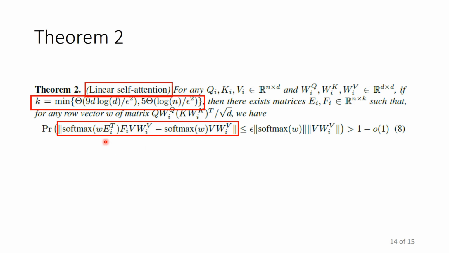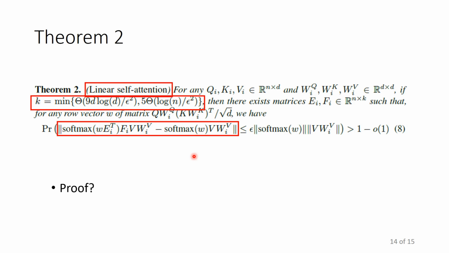That means the data will not be far away from the original data. So if we route the information using E and F matrices, we will not be far away from when we route the information using the original P matrix, the original routing matrix. So that means this E and F will be a good approximation of the original P matrix.